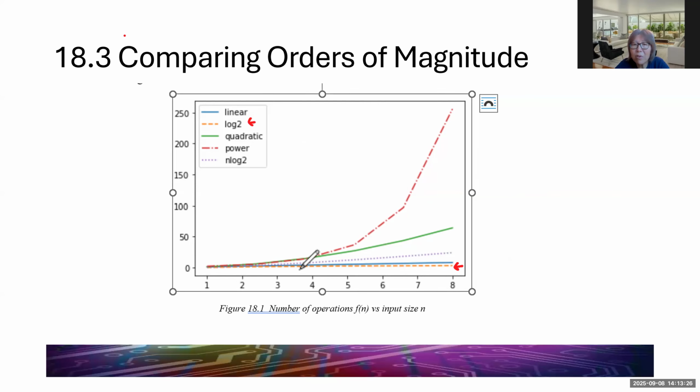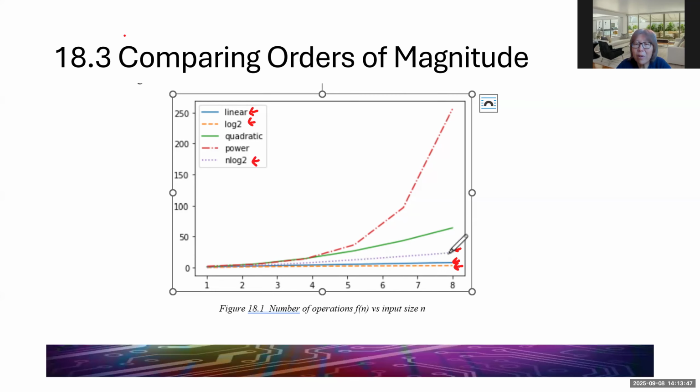You can see it grows very slowly. The next one is linear, and you can see log 2n is even slower than linear. The next one is n log 2n.